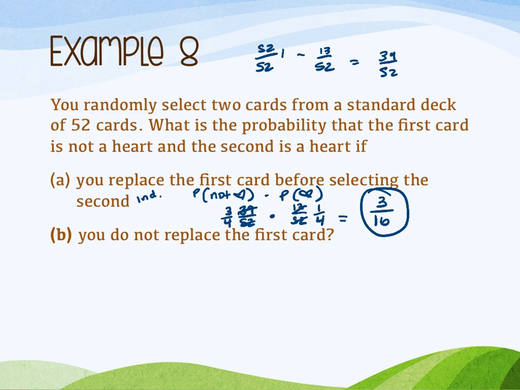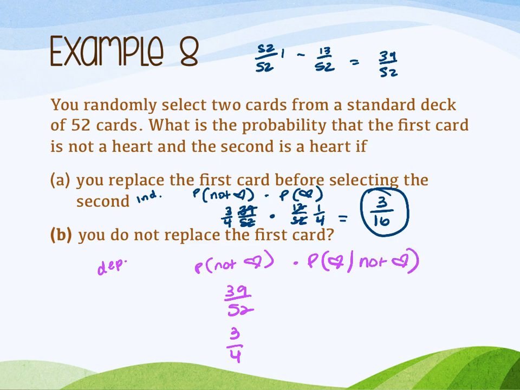What happens if I don't replace the card? It's dependent. So the first one's still the same. The probability that it's not a heart is still 39 out of 52, or 3/4. But what's the probability that it is a heart if I didn't pull a heart the first time? If I didn't pull a heart the first time, does my amount of hearts change?